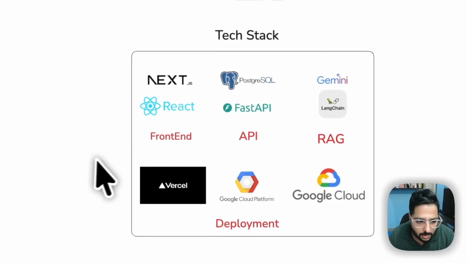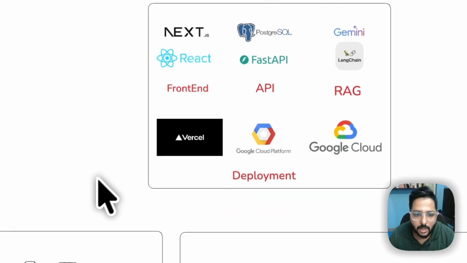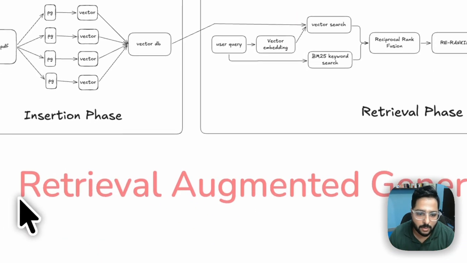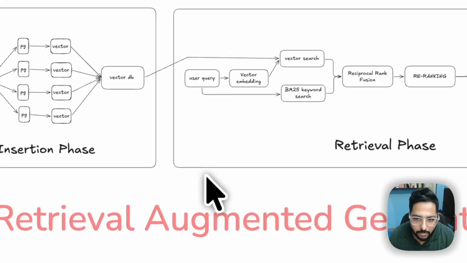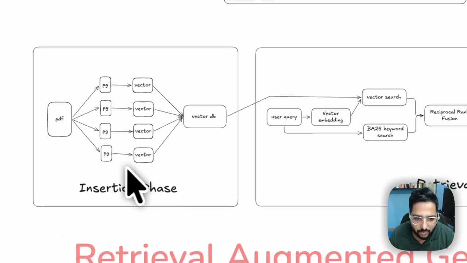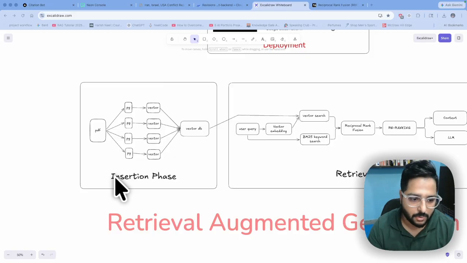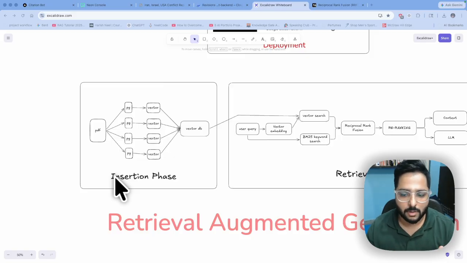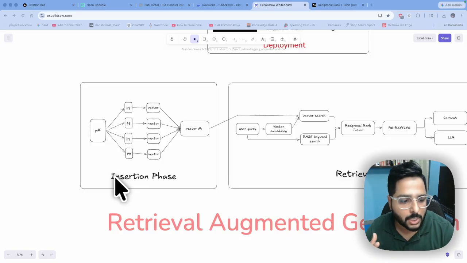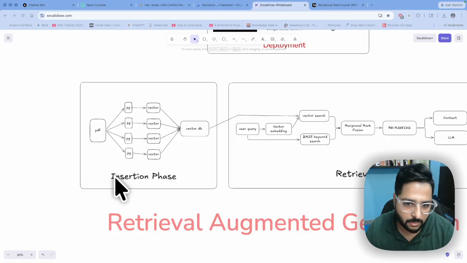Then we'll discuss in detail the retrieval augmented generation, the RAG pipeline that I've built. The insertion phase in the RAG is when you insert your document, convert it into vectors and save it in the vector database.